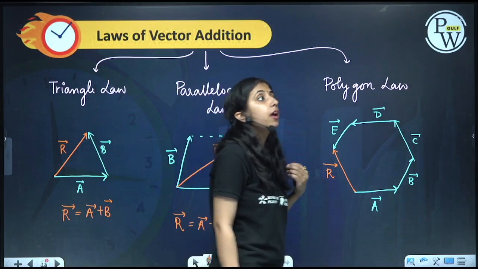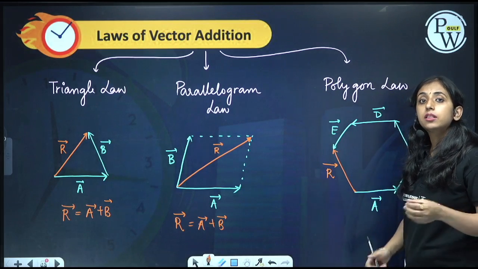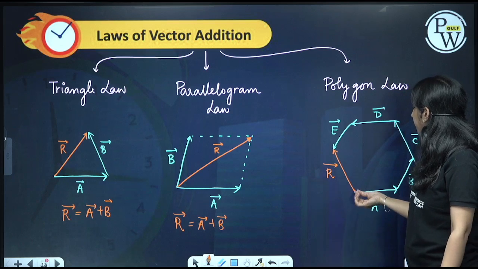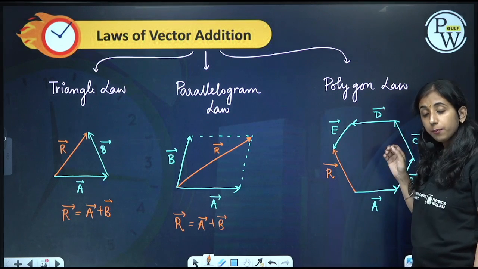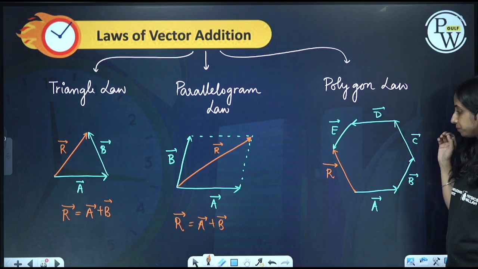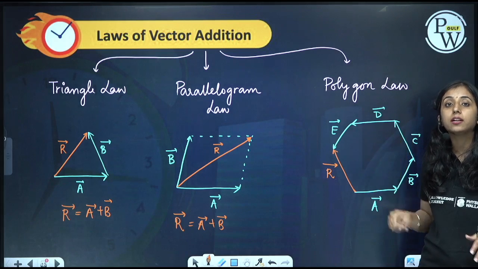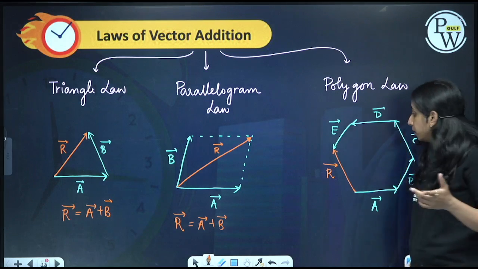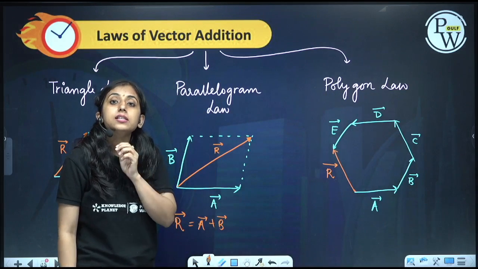If I have a number of vectors which are to be added, and I can represent those vectors by the sides of an open polygon taken in the same order, then the resultant of all these vectors will be represented by the closing side of my polygon taken in the same order.